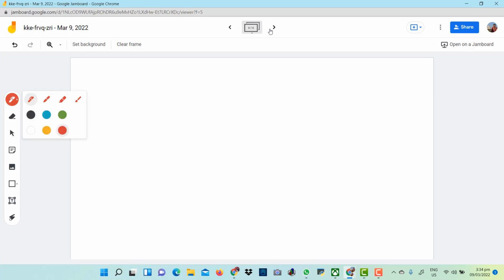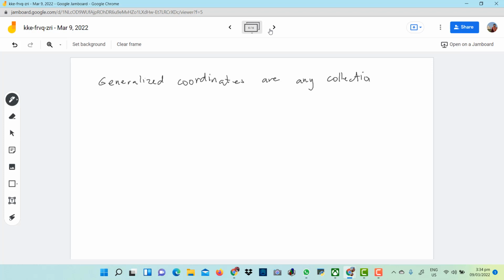Generalized coordinates are any collection of independent coordinates. Sorry, not variable, I call this one a coordinate.